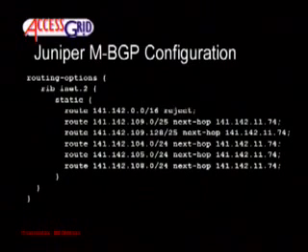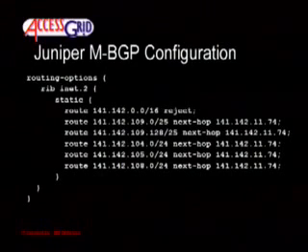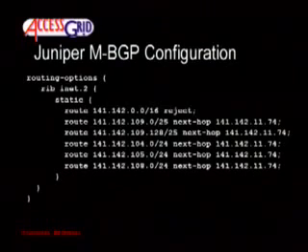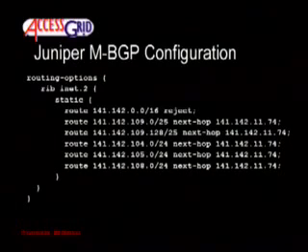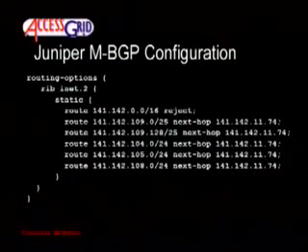In Juniper, Juniper has several routing information bases. INET.0 is your unicast forwarding table. INET.2 is your multicast reachability table. I think INET.1, I don't want to guess. I know that INET.2 is your multicast reachability table. You can look in the Juniper documentation.